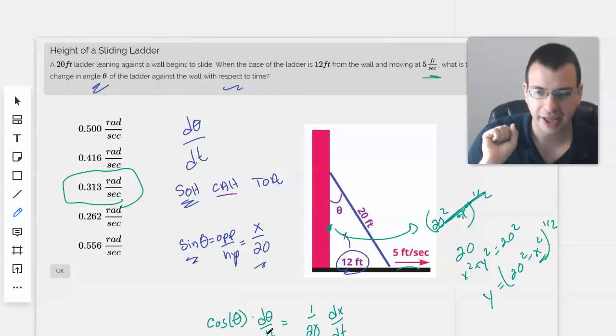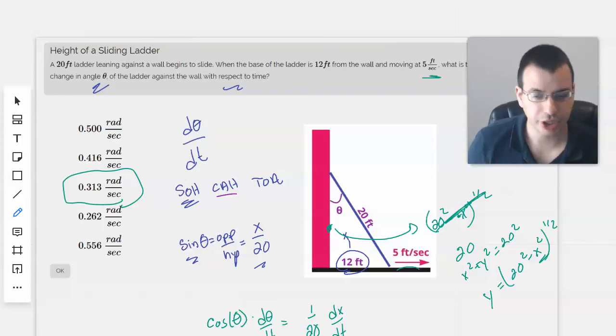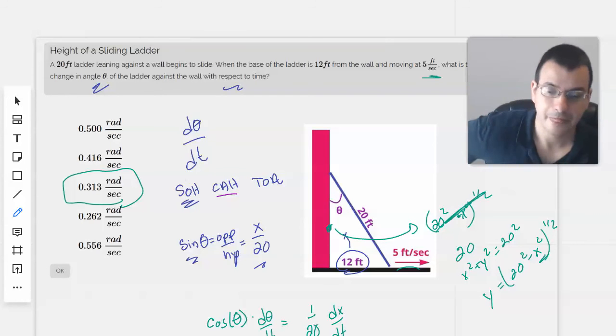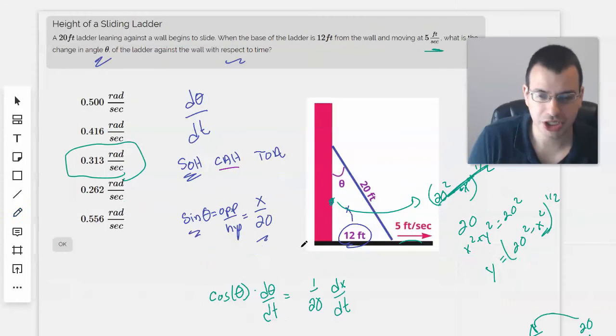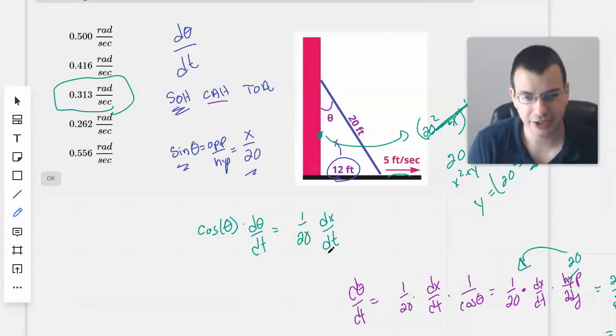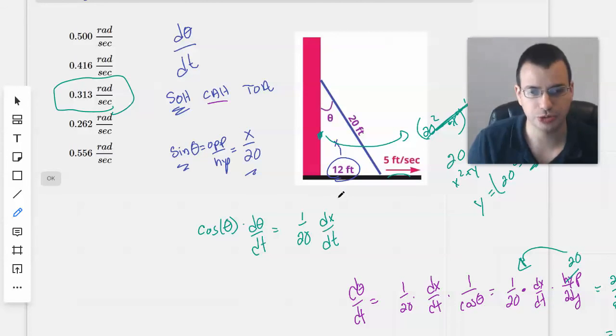So we find a formula to work with, an equation. Actually, equations and expressions are different, but that's fine. We're going with sine of theta equals x over 20. And that gave us an equation that we could work with to find the height of the ladder. We took the derivative of that, and that told us the change of one of the sides, in this case the base, with respect to time.